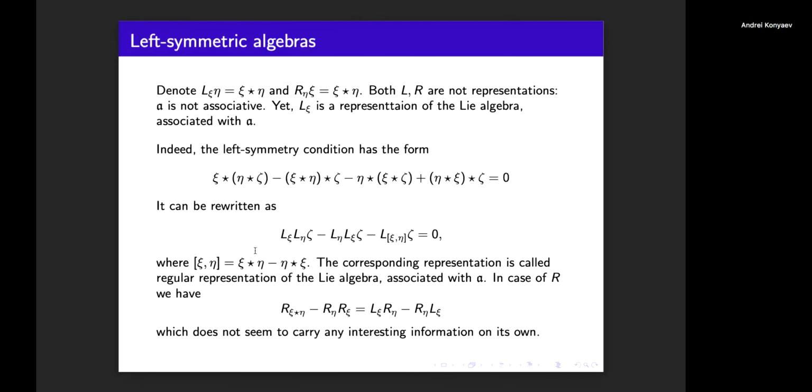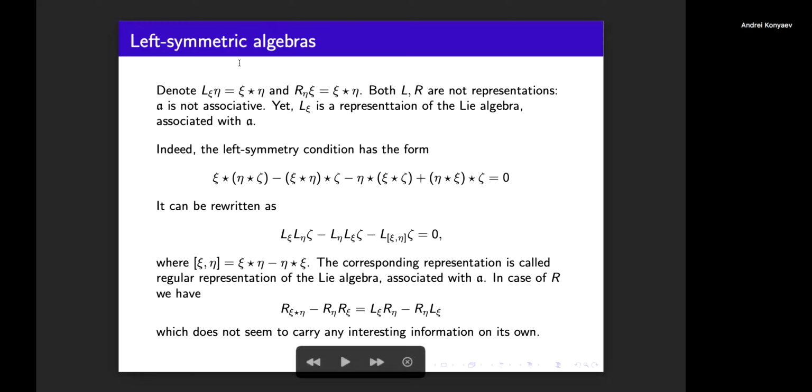So now we need several structures. We will use them later. Okay. So the first structure is like this. If you have a pair of elements, psi, eta, you can multiply them, and this defines a sort of left action and right action on the algebra itself.